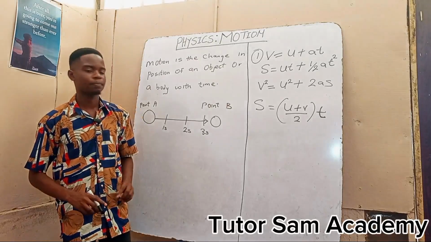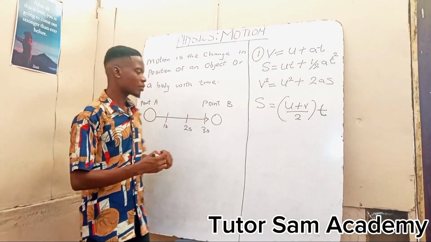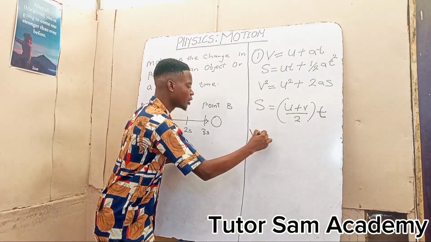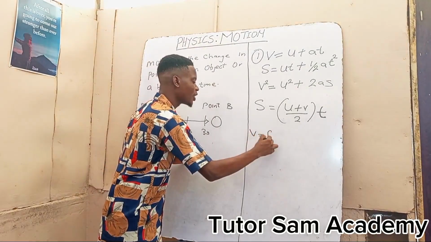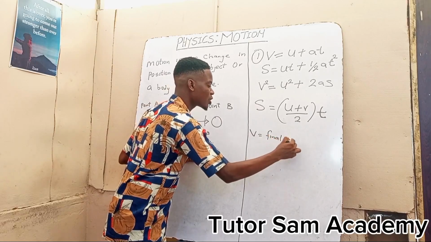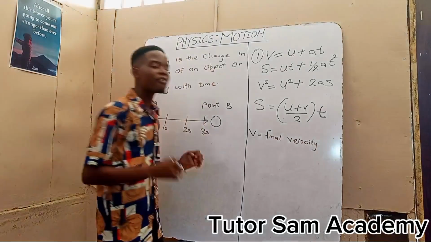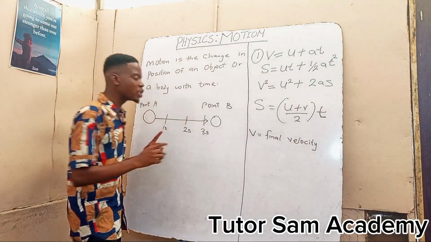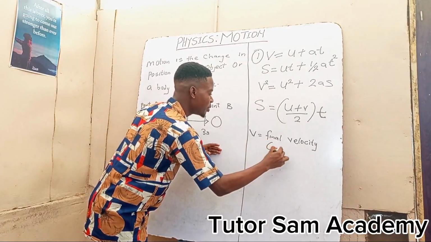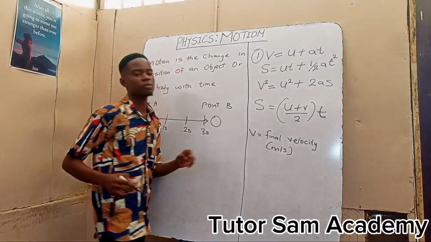First, we have V. V represents our final velocity, and the unit of final velocity is meter per second.